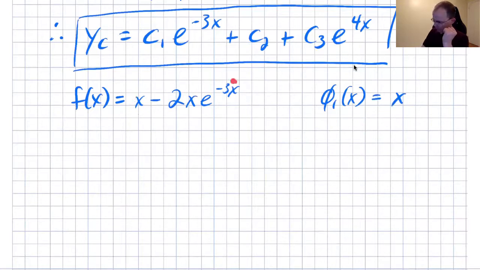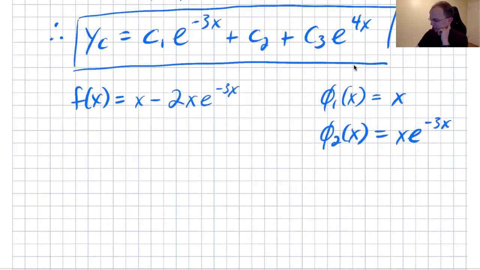And then there's another term here, x e to the negative 3x. So I'll just write these down for now. I think they're going to have to change. Yeah, I mean this one's okay, and this one's okay. All right, so maybe these are okay for now.